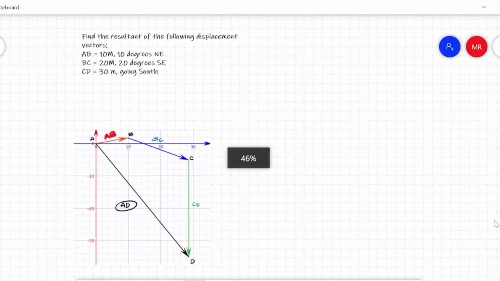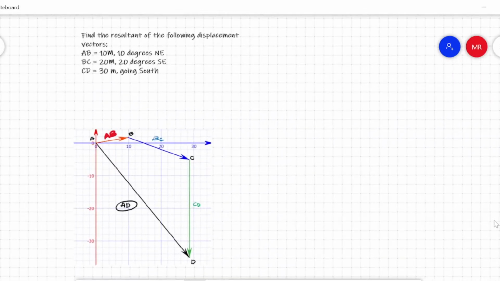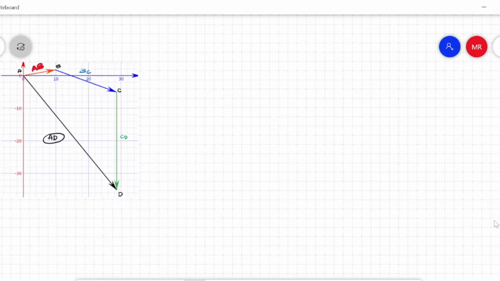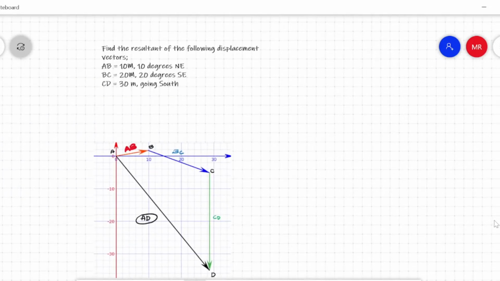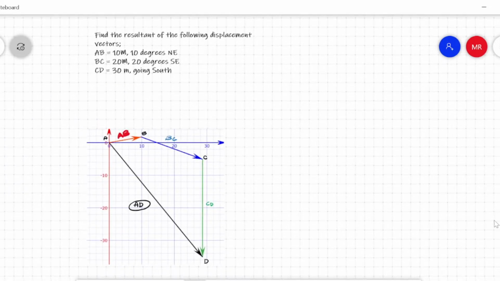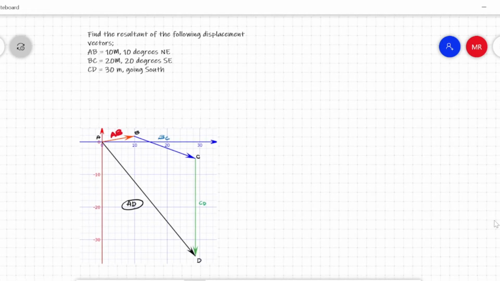So we have three vectors given. It will be easier for us to solve this problem if we use the component method. To easily plot the components, let us have a table for all the horizontal and the vertical components of these vectors.